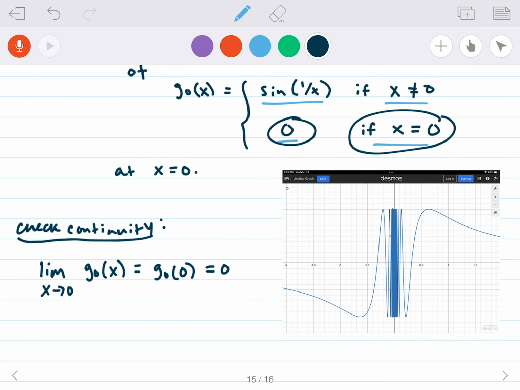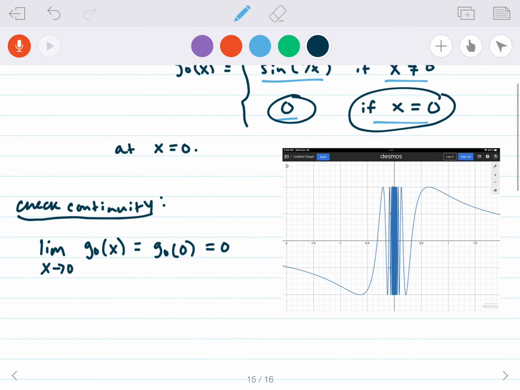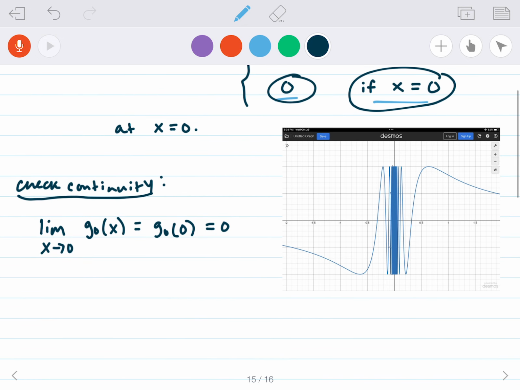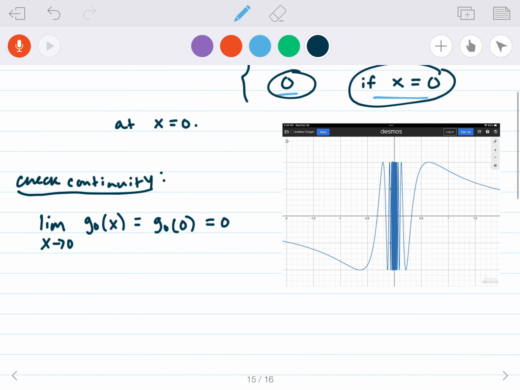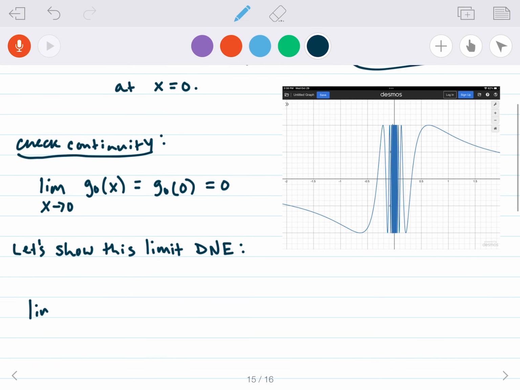But it's not continuous, as I mentioned, so let's show that this limit doesn't exist. The limit as x goes to 0 of g naught of x.